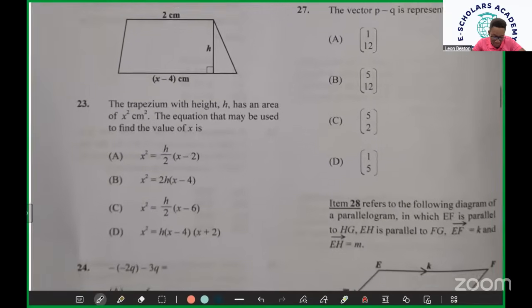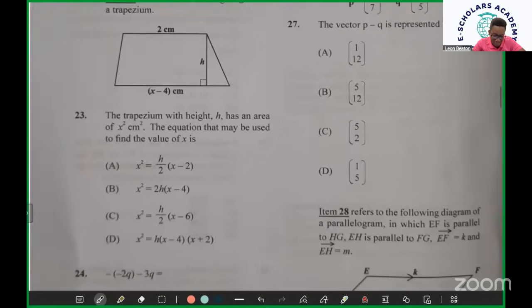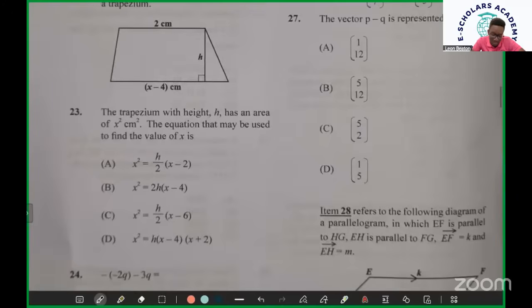So 23. All right, this is a different one. We have a trapezium. A trapezium has entered the chat. The trapezium with height h has an area of x squared. The equation that may be used to find the value of x is, so let me see. We want to express this as the area.